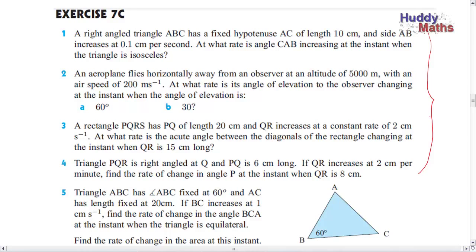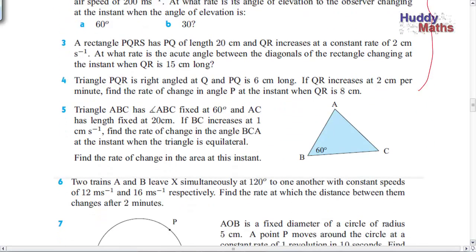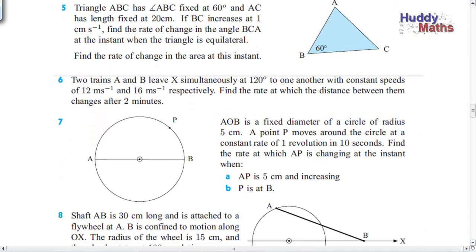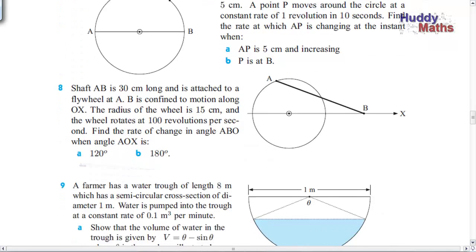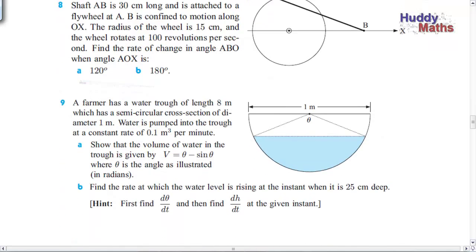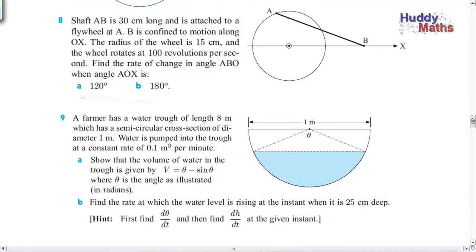Let's have a look at question 5 now. 5, 6 and 7. Okay. Pause it and have a look. You probably have to do most of these, get some skills up. And question 8 is that piston problem. Just come up a bit here.